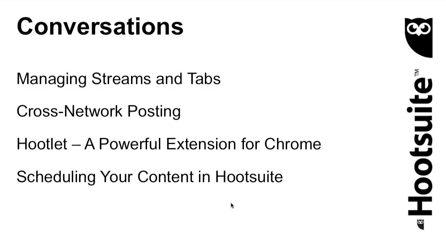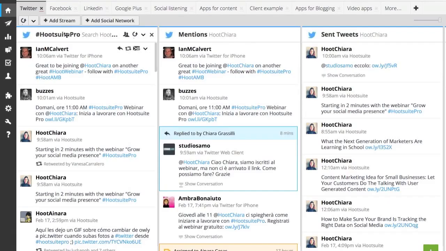Now, when we speak about conversation, what we want to say is that through the Hootsuite dashboard, we can actually manage all our conversations happening online. Now, I don't know if you're familiar with Hootsuite Pro. Hootsuite is a social media platform that allows you to manage all the specific tabs, the specific streams. Let's have a look at the tab.